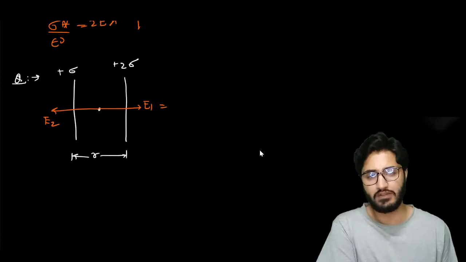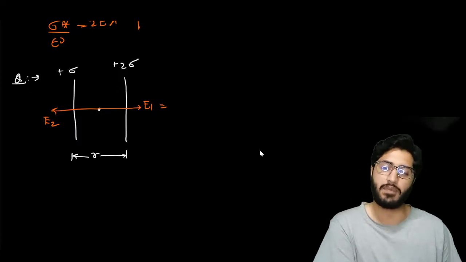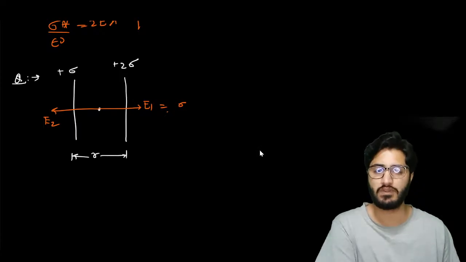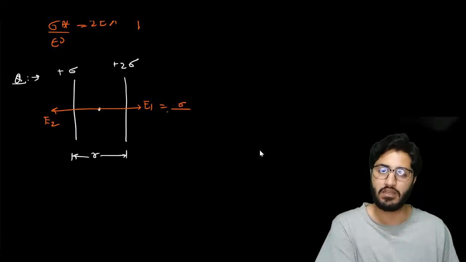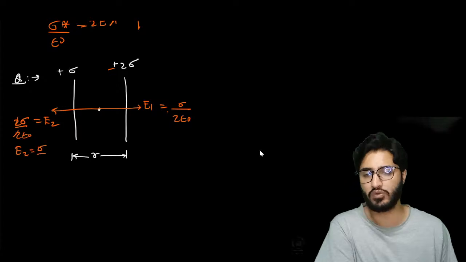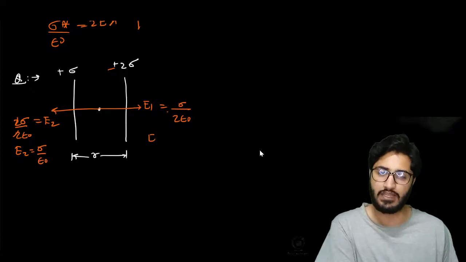What is E1? It is sigma by 2 epsilon naught. This one, E2, will be 2 sigma by 2 epsilon naught. The 2 cancels out, so E2 came out to be sigma by epsilon naught, and E1 came out to be sigma by 2 epsilon naught.